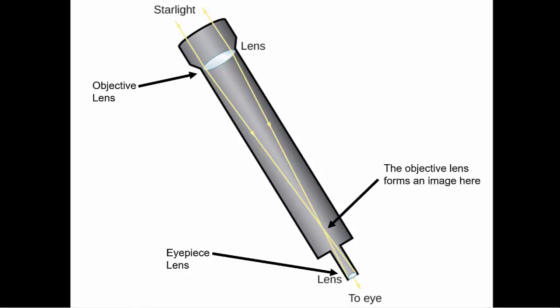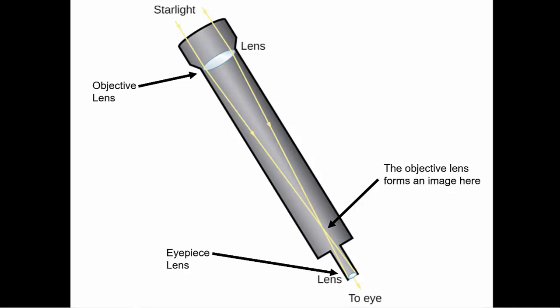The objective lens forms an image right there. The eyepiece looks at that image that was formed by the objective lens, and the eyepiece lens is like a magnifying glass, and it magnifies that image that was formed by the objective lens. That's how you get a magnified image.